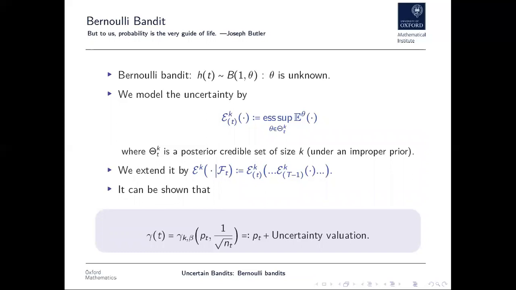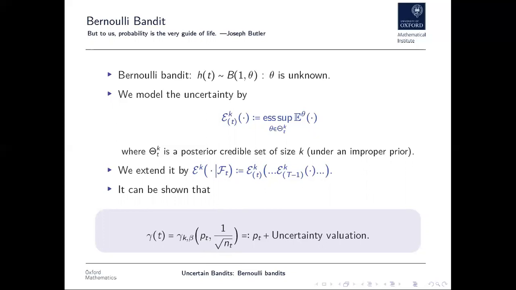And we can then define a nonlinear expectation by using backward induction. After that, we can show that the index can be written as a function of the estimated probability and the number of observations, and we write it in terms of 1 over square root n, just for notational simplicity.